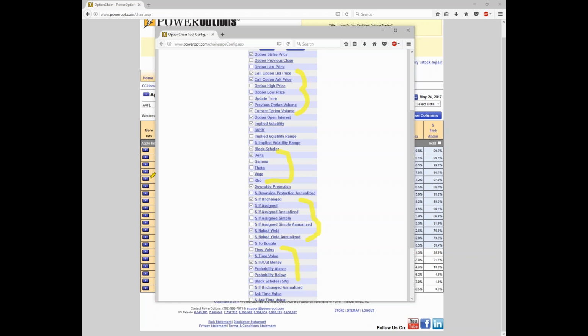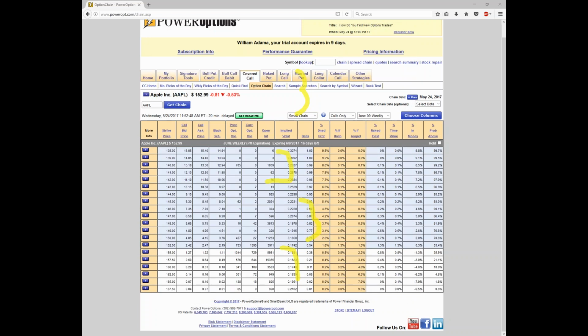So depending on how deep you want to delve into the data and what you want to see for your trading needs, that's all available here in the option chain.